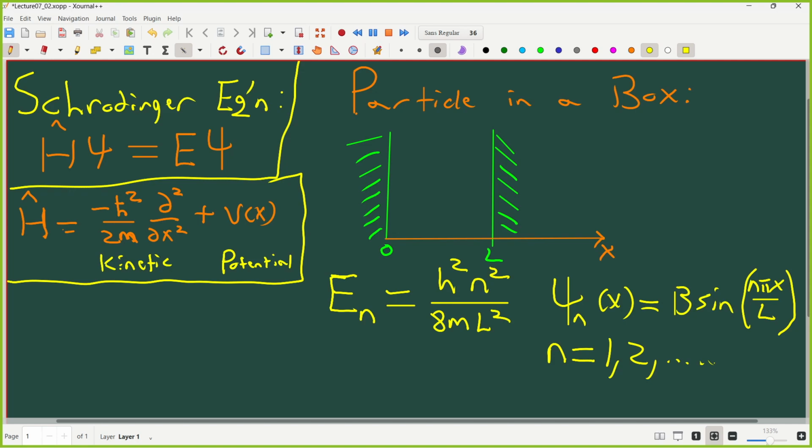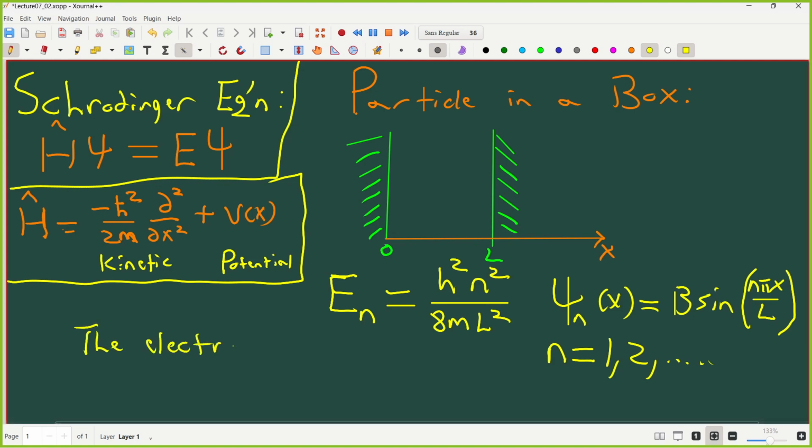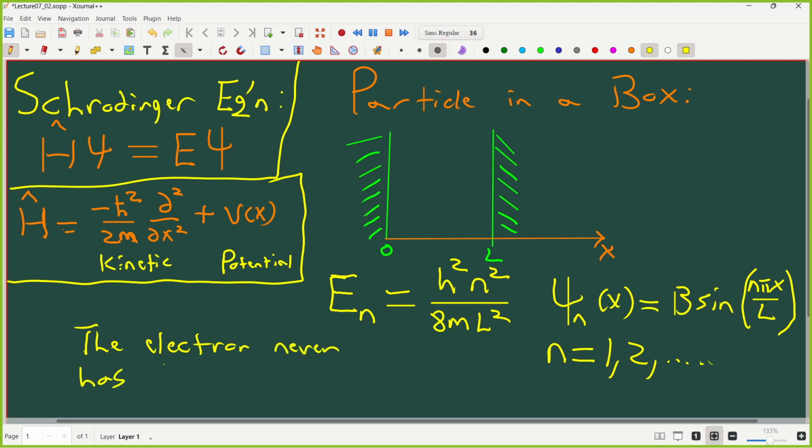All right, so there's a term for this concept. We'll see it again when we talk about bonds, because it really rears its head in bonds. We'll talk about the quantum mechanics of a chemical bond. But this idea that the electron always has energy, so the electron never has E equals 0. This residual energy, if you will, the ground state energy of the electron, n equals 1.